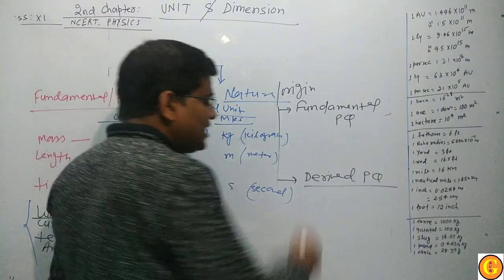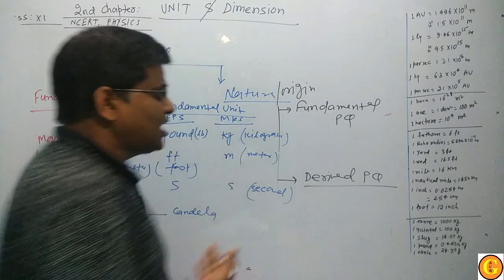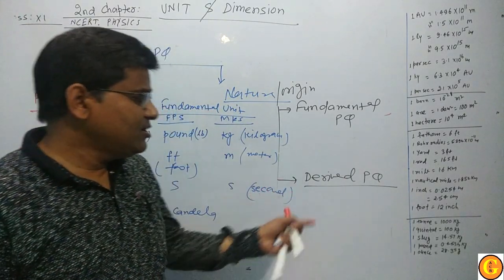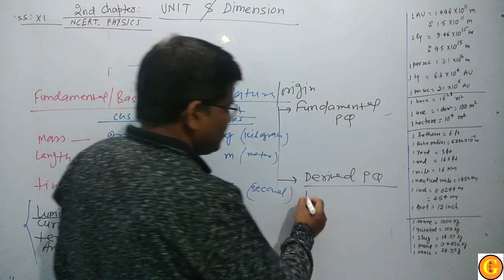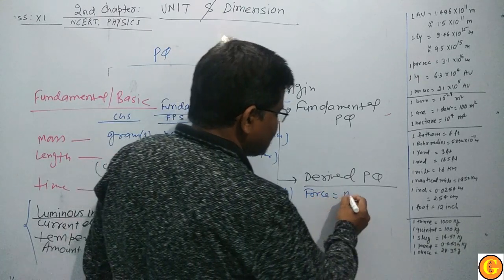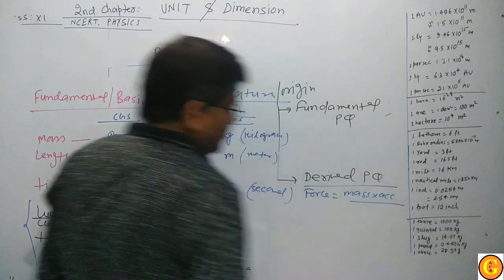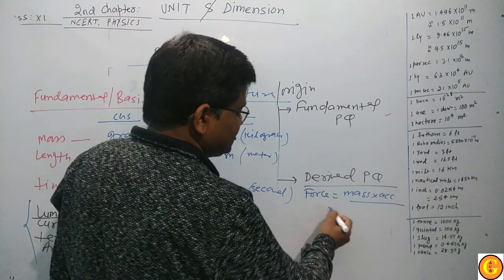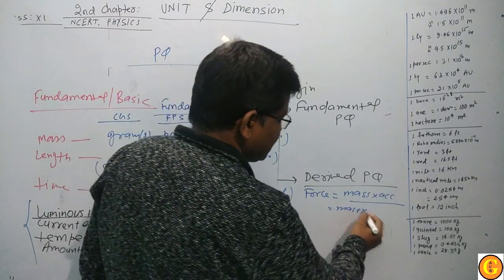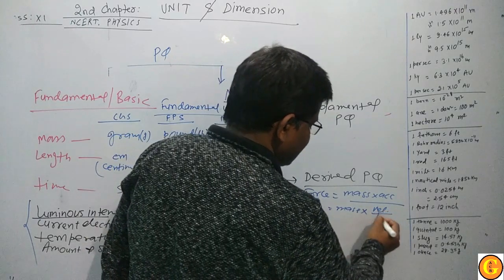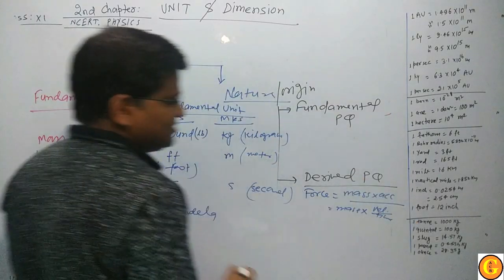Derived units are those units which are derived, just like force. Force is equal to mass into acceleration. Mass is fundamental, but acceleration is not fundamental. Then it is mass into velocity by time. Again velocity is derived.